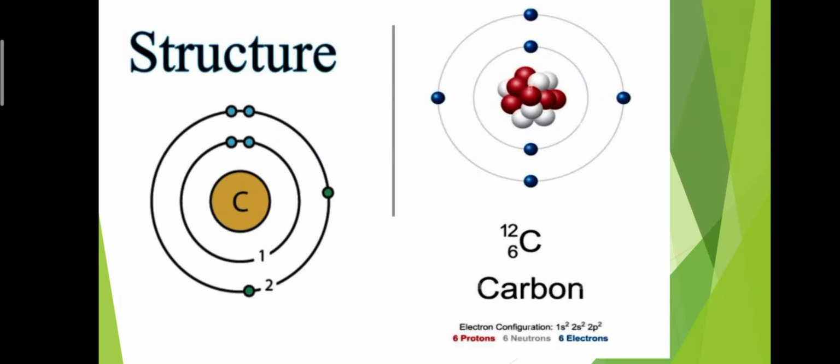Now the structure of carbon. It is the structure of the carbon atom: 1s2, 2s2, 2px1 and 2py1. It is the structure of the carbon atom and the distribution of electrons in the carbon atom in ground state, or normal state.